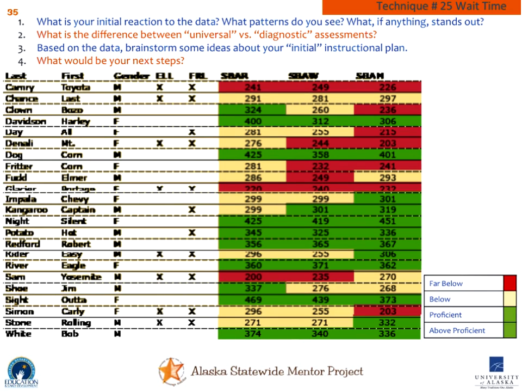It says, what is the difference between universal and diagnostic assessments? Can somebody who knows that help us out on that, please? Universal assessments are typically used to look at a greater population of students, and they can help you look at classroom and school-wide patterns.